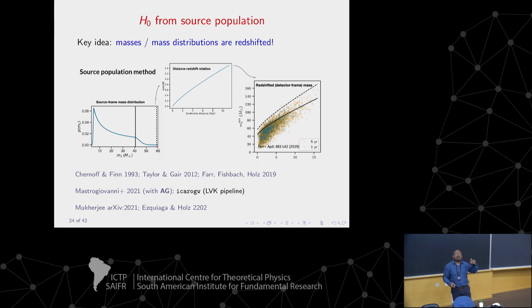Of course, we do not really know whether there's a sharp mass cut. So a set of papers have shown that even if the mass cut is not sharp, even if there is some feature in the mass distribution, that feature is going to be redshifted and can give us enough information to infer the redshift of the source. An even more agnostic approach is when one does not assume a mass distribution at all.